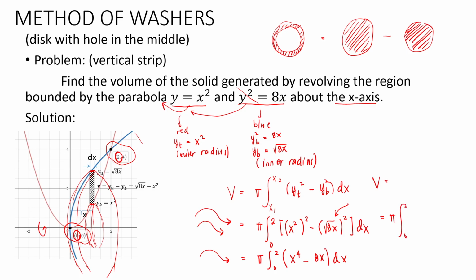Pi, then from 0 to 2, then the first term should be square root of 8x squared minus x squared squared and then dx.